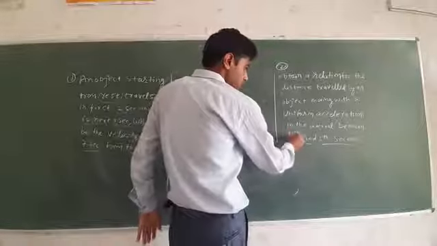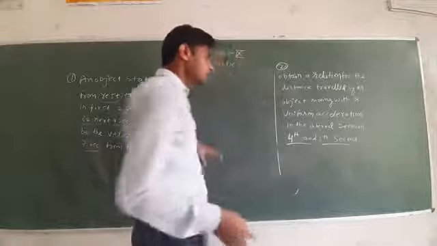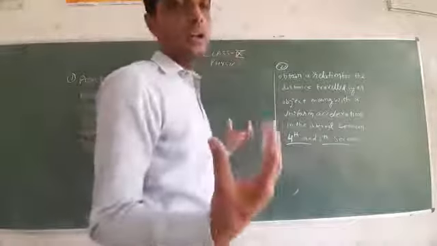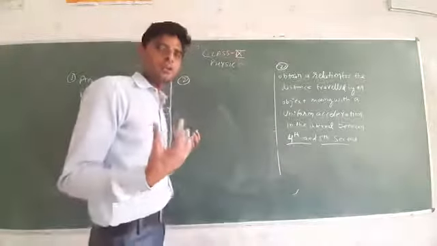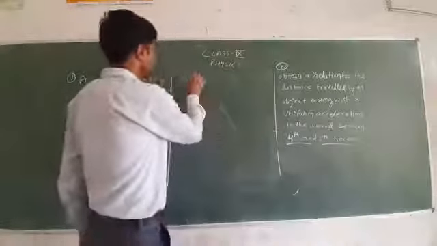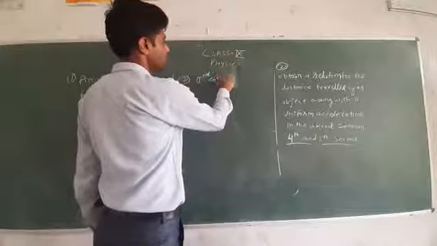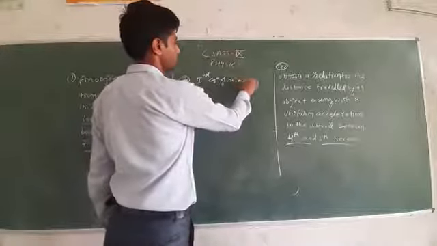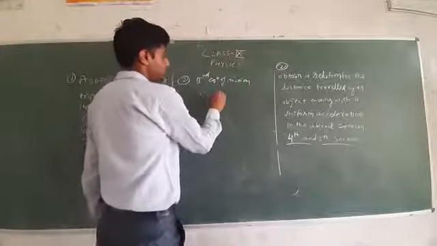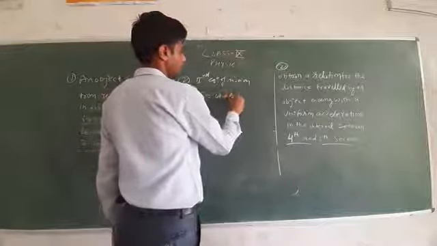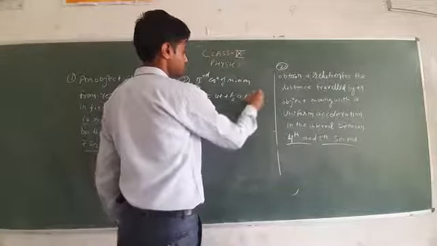But we can find this relation by using the simple second equation of motion. As you know, the second equation of motion: S equal to ut plus 1 upon 2 a t square.